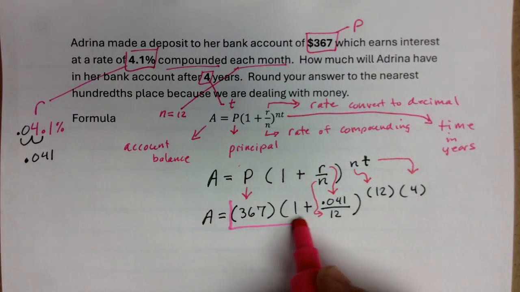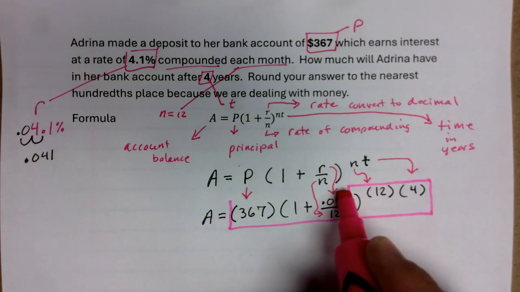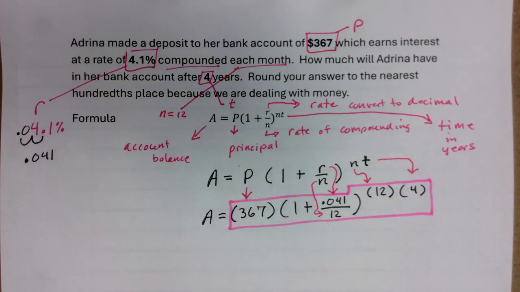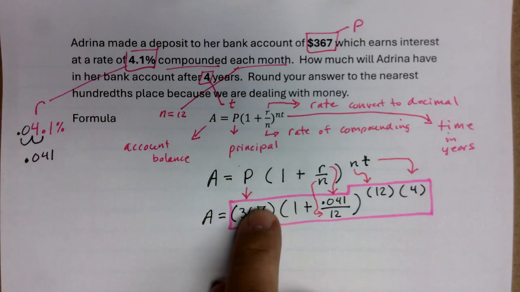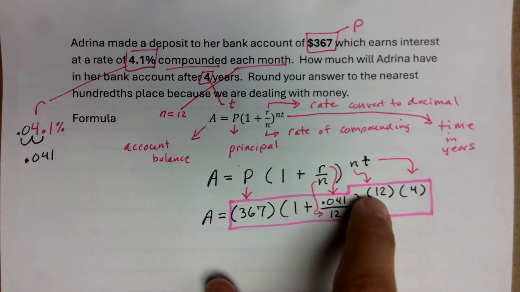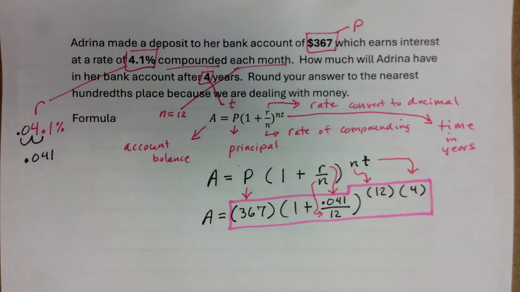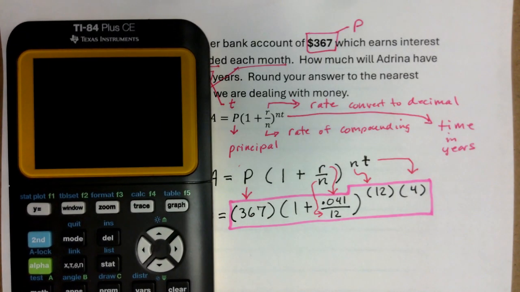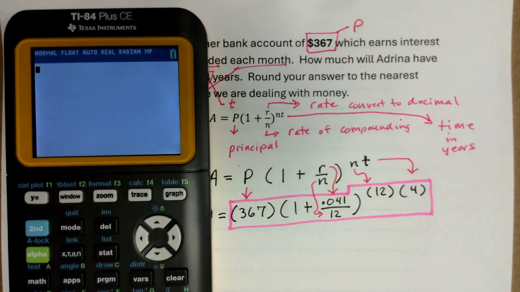So now you can see where I got all my numbers from. I'm going to get my highlighter and box what we're actually putting in the calculator. So that's 367 times 1 plus 0.041 over 12 to the power of 12 times 4. I'm going to get my calculator real quick. Let's type that in. So parentheses 367, and notice the way I write it in parentheses, I'm putting it in the calculator the same way.